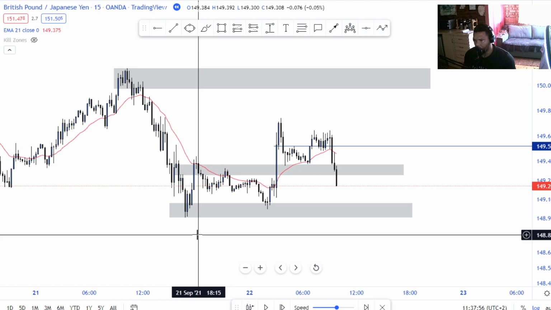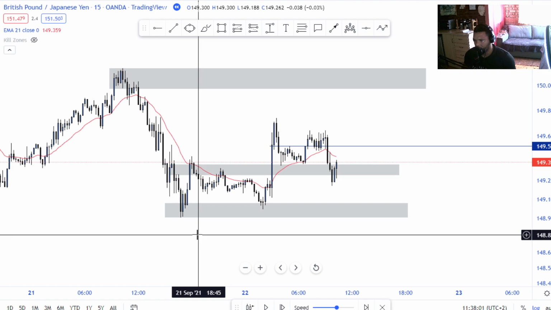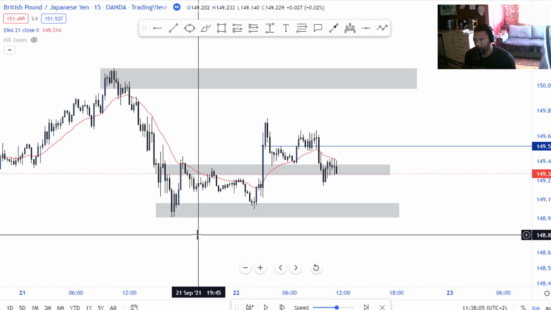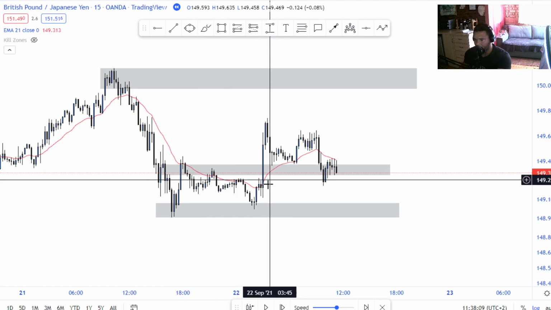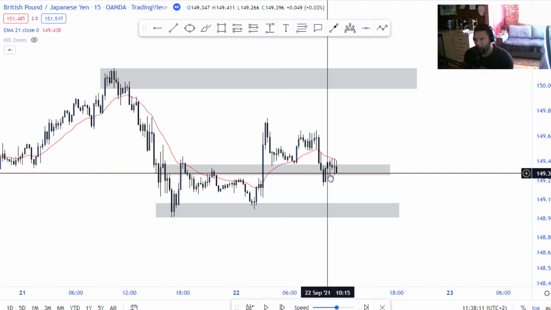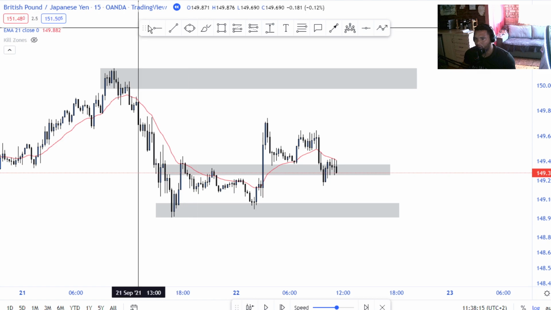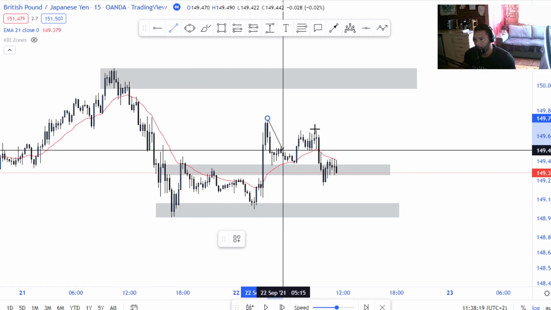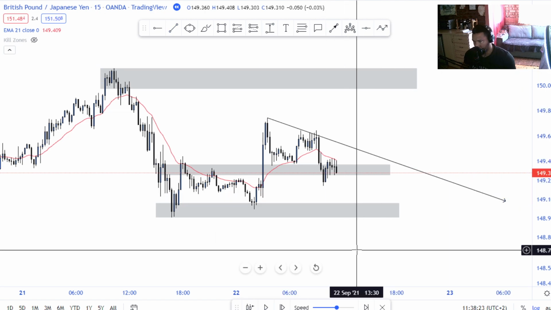Okay, so you guys can see price basically came down again. So price must close above this 21 EMA and it must respect this area of resistance that is becoming support right now. So what I would most likely love to do as well is to use a trend line, right? From this high to this area. Let's see.